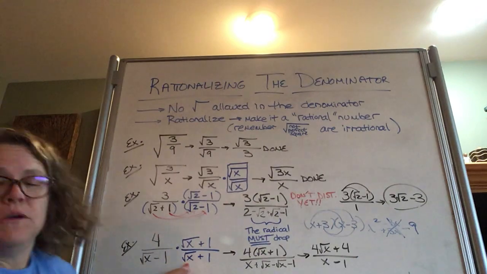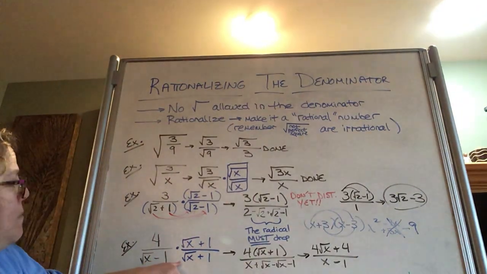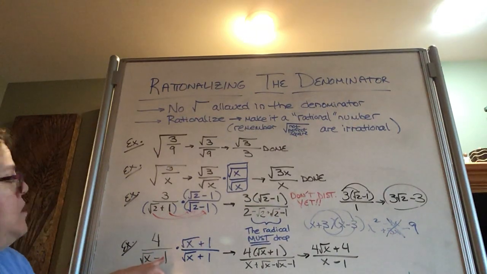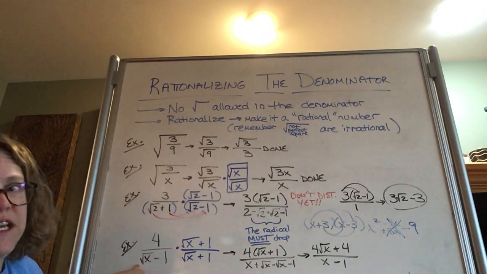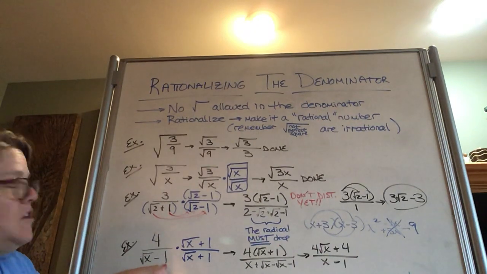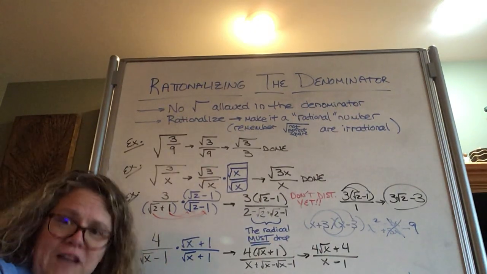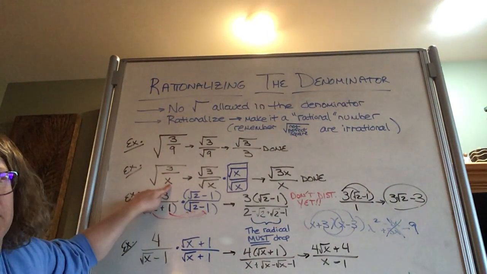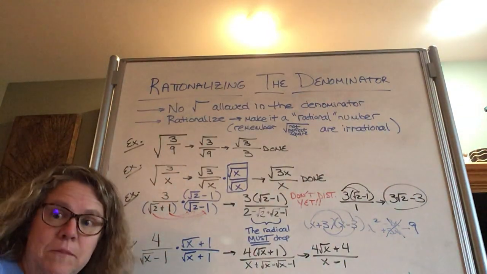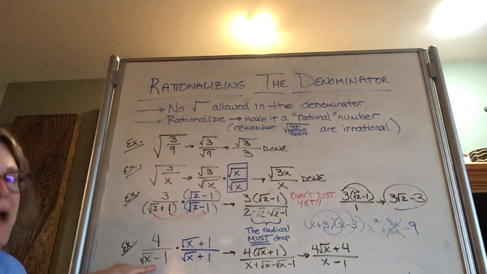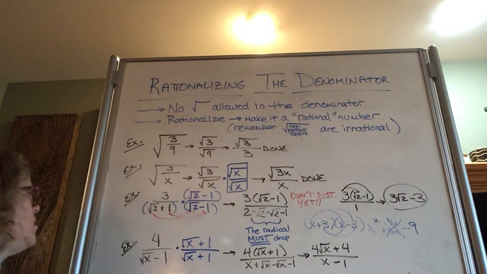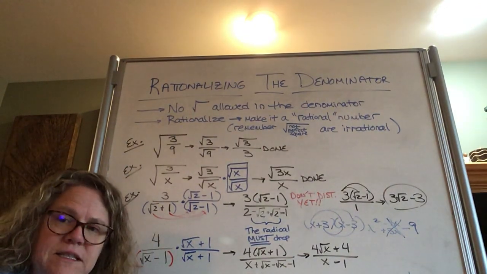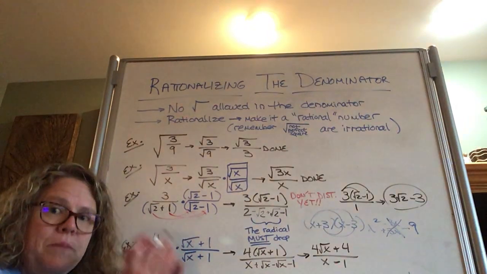Now, if I tried to multiply this by just radical x, it wouldn't go away. Yes, radical x times radical x would give me an x, but radical x times the 1 would leave a radical x in there. So if you have a monomial, you can multiply by just a monomial. But if you have a binomial, which is what this is, we put those parentheses in to help us see it as a binomial.